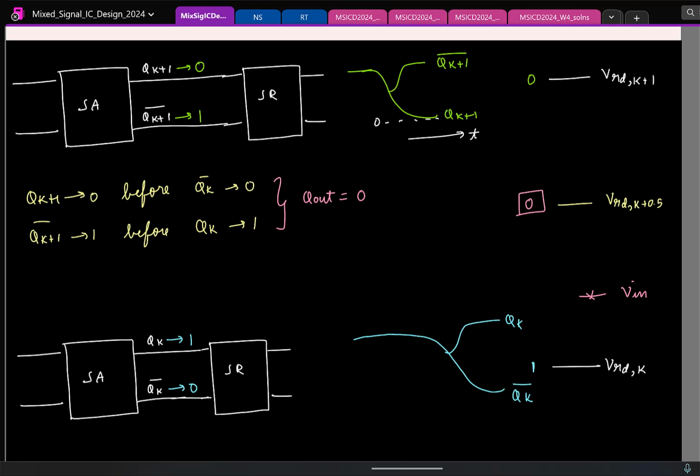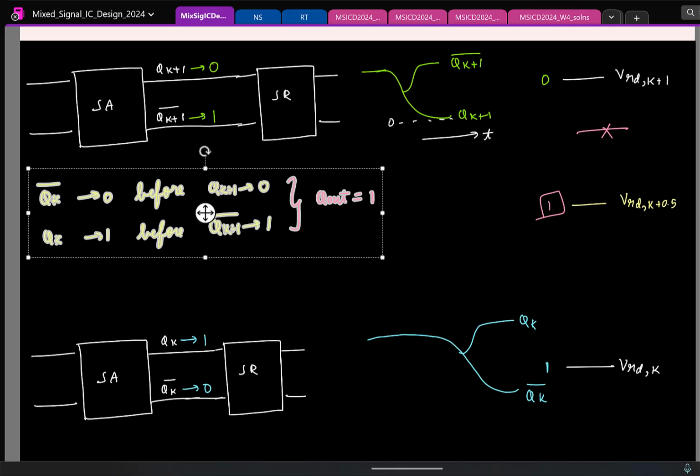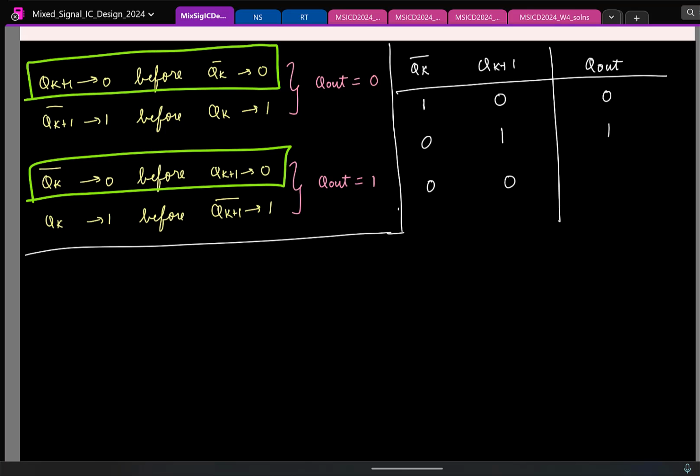Remember, let's look at these waveforms. The moment I find Qk plus 1 goes to 0 first, I've made my output 0. But after some time, this guy also goes to 0. At that point, do I change the output or no? I don't change. Same thing here also. I didn't draw this waveform here, but yeah, you get the point, right? So here also I should not change, so I'll have to hold this.